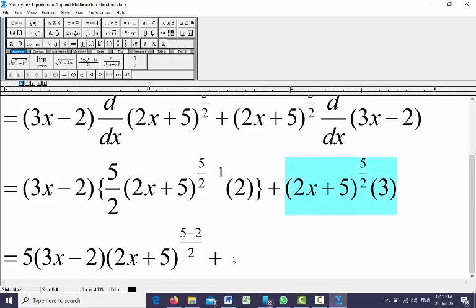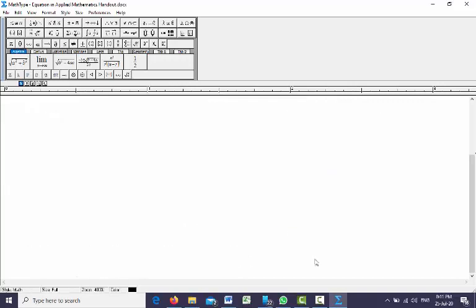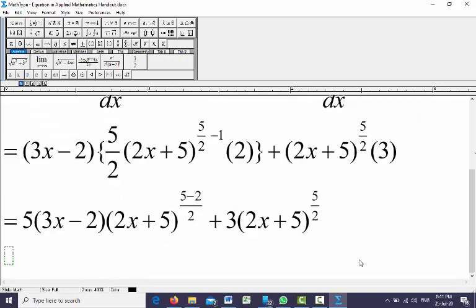We can write 3 multiplied by this one. So now as you can see, we have completed our differentiation.